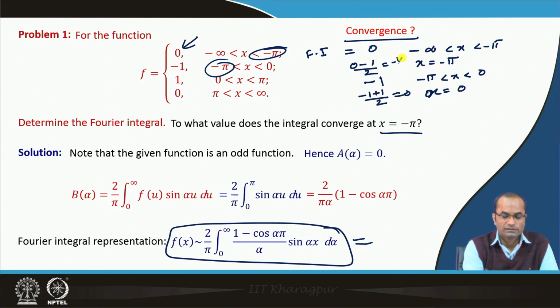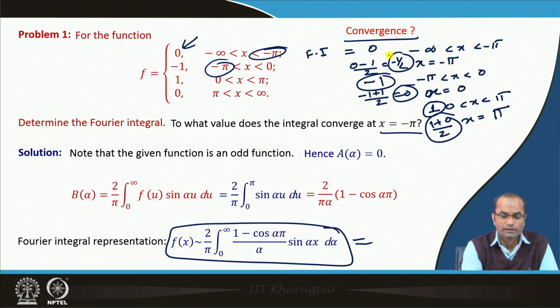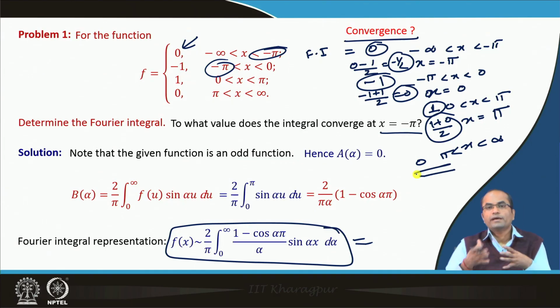Then from 0 to pi, it will converge to 1, and at x equal to pi, it will converge to 1 plus 0 by 2, which is a half. Then when x is greater than pi, it will converge to 0. So we have convergence at all points here.